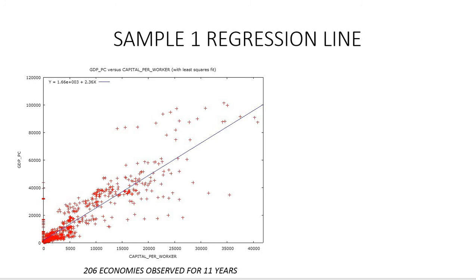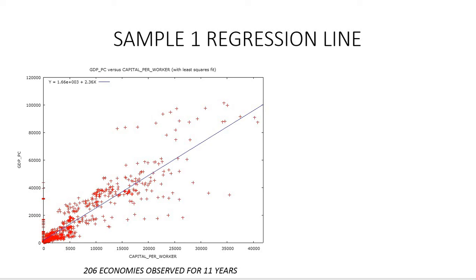So I designed this regression line for 206 economies which were observed for 11 years. Those economies have different level of income, level of development, and so on. So still it's not a population regression line, because for that I would have to include all the countries, which is not true, but this is something very close.